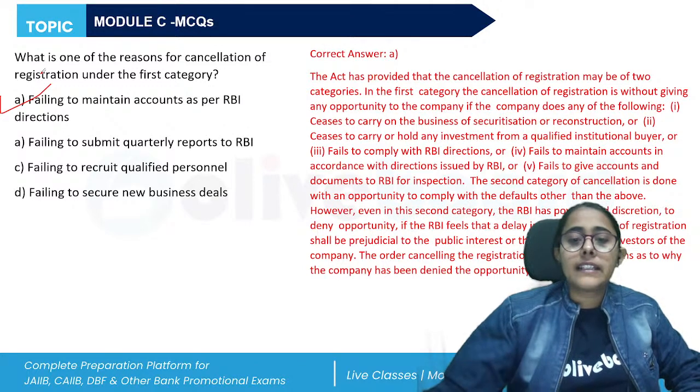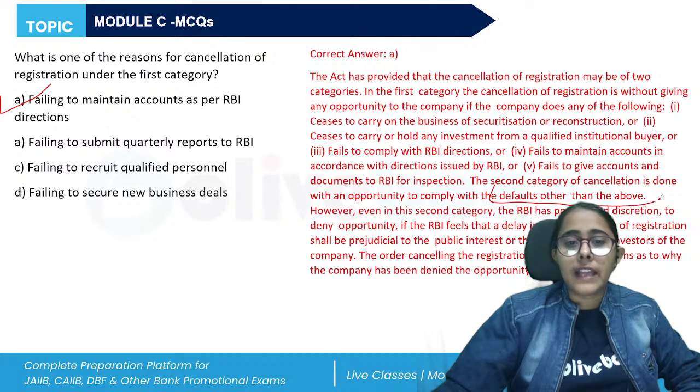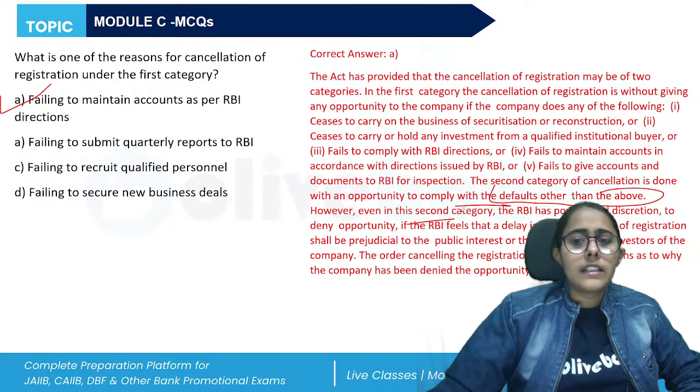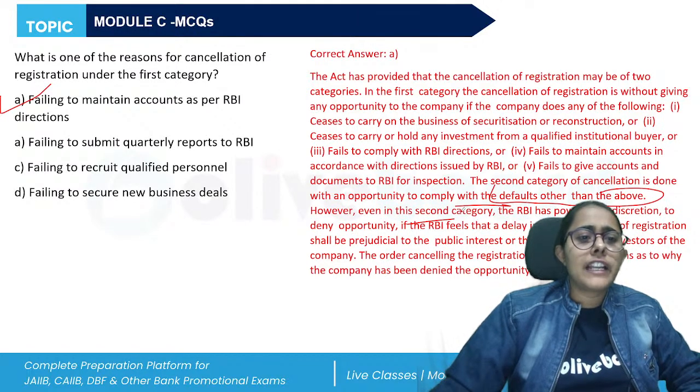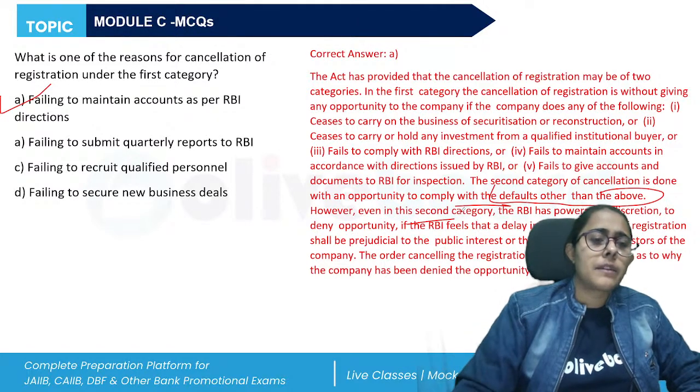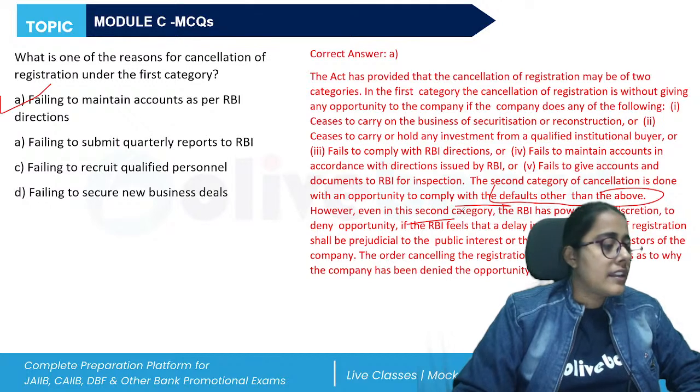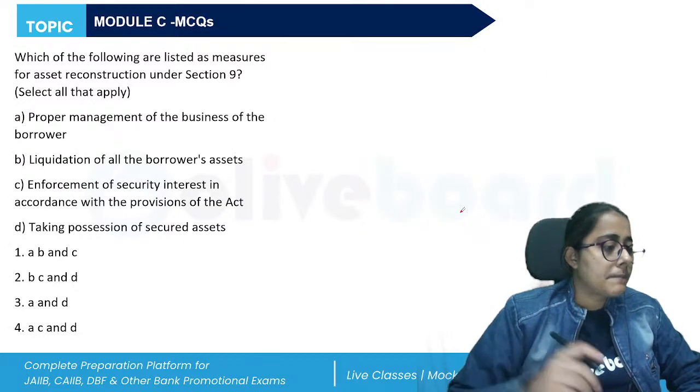And second category is done with an opportunity to comply with the defaults other than the above. All right. So, yes, the correct answer is if they fail to maintain the accounts as per RBI directions, then their registration will be cancelled.